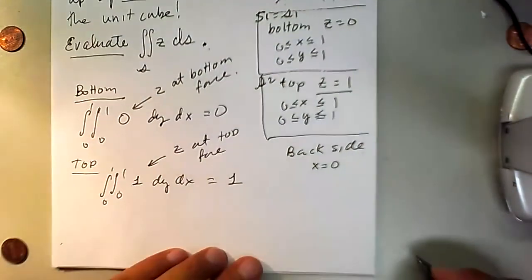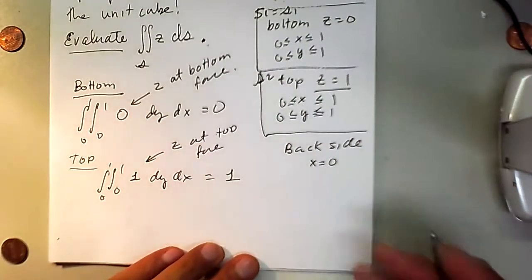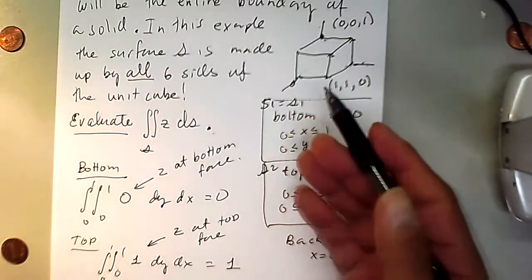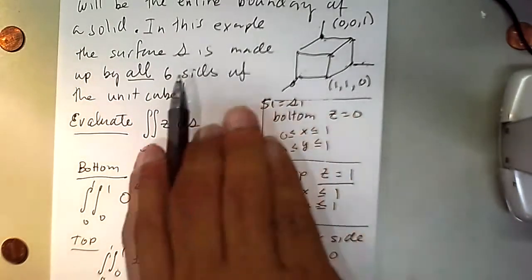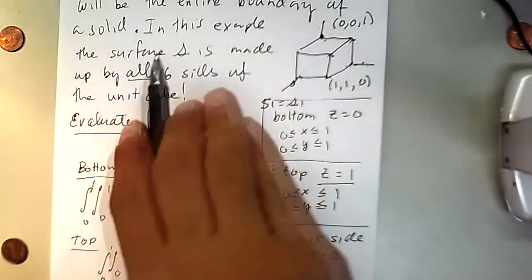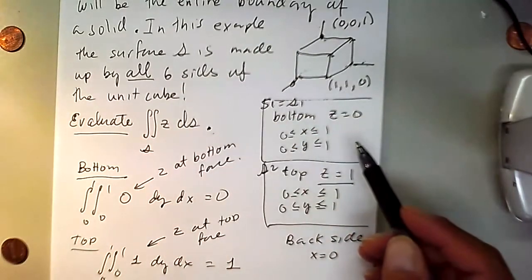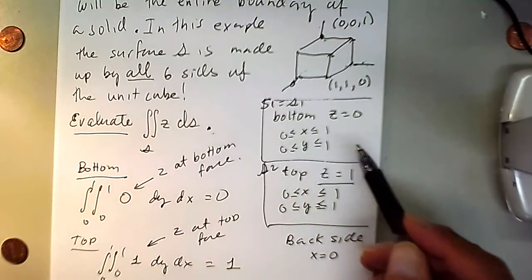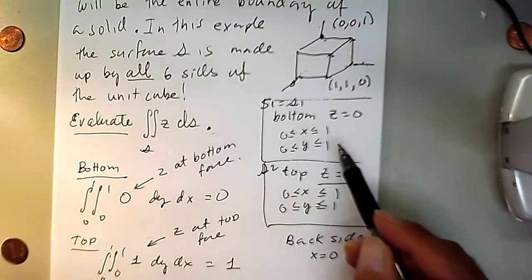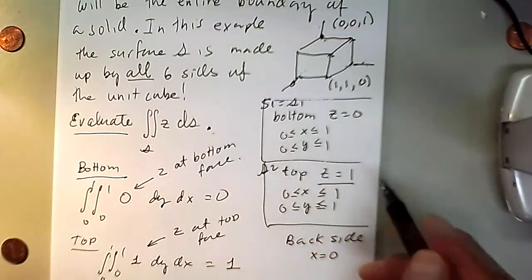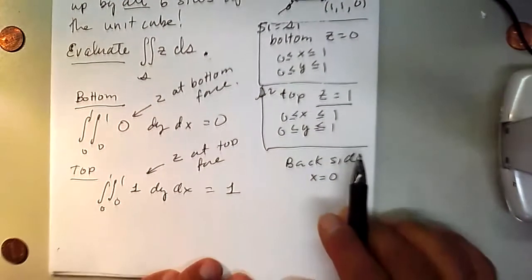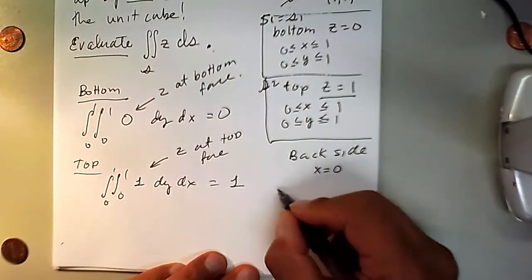No, not that easy. I think it's best to parameterize because, remember, when surfaces go around, then the integrals are tricky. Then it's just best to parameterize. So x is 0, and we can simply parameterize.